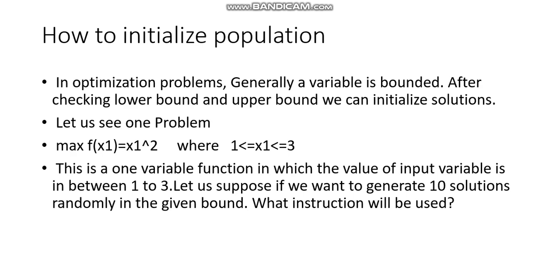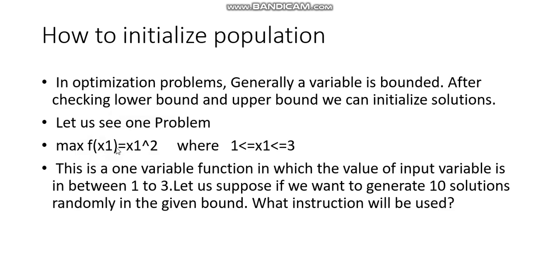Let us suppose here we have one optimization problem. This is a one variable function, and the function is f(x1) = x1 squared. Let us suppose we want to maximize this function. So this is the optimization problem. In an optimization problem, either we have to maximize the value of the function or minimize it.